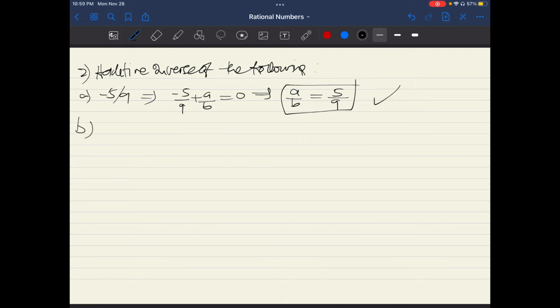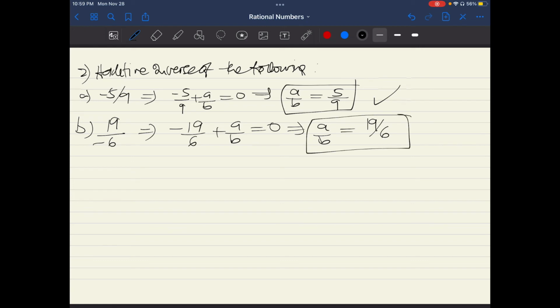And part B, 19 over minus 6. So again, minus 19 over 6 plus a over b equals 0, which means a over b is plus 19 over plus 6. Therefore, the additive inverse of 19 over minus 6 equals 19 over 6.